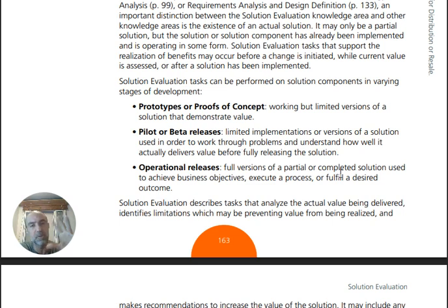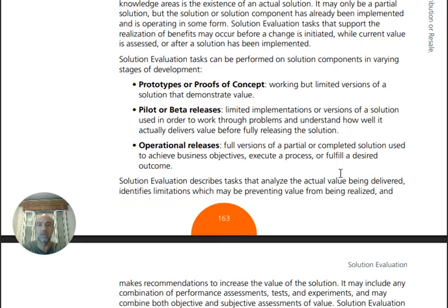More logistical or software or physical, right? You apply a solution on a small side of a program. If you're looking at a company that has multiple warehouses, an operational release is when you apply the solution on one warehouse, for example.